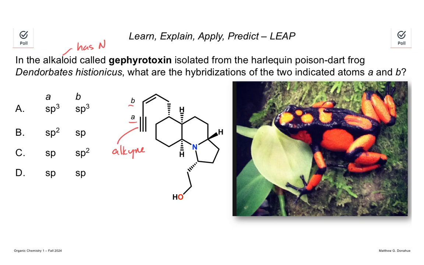SP. So we can eliminate A and B. This functional group is called what? Alkene. Carbons in alkenes have what hybridization? sp2. So we can eliminate D and we get C.